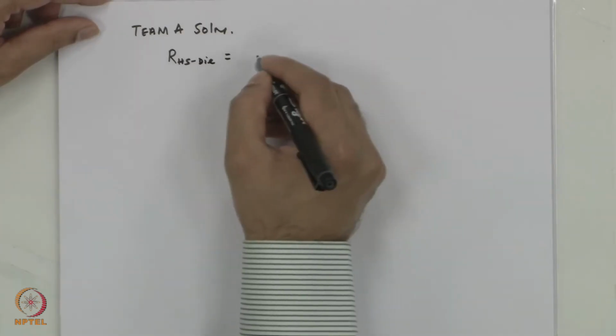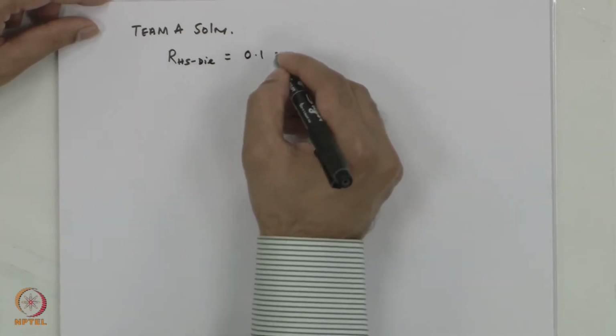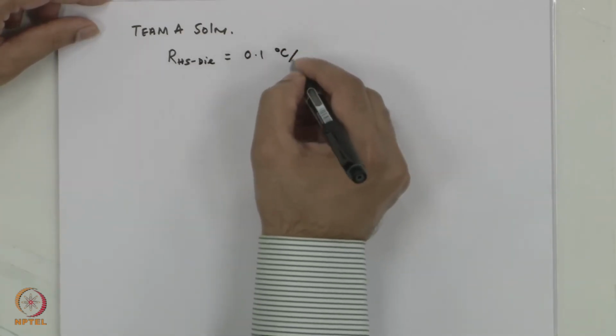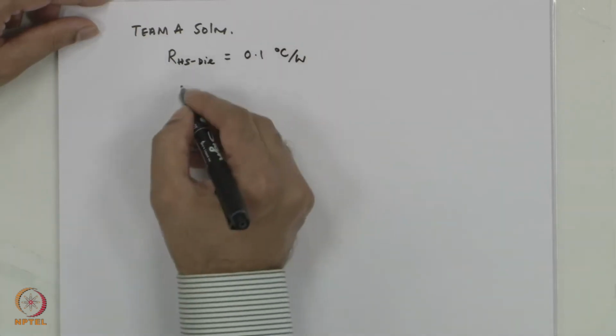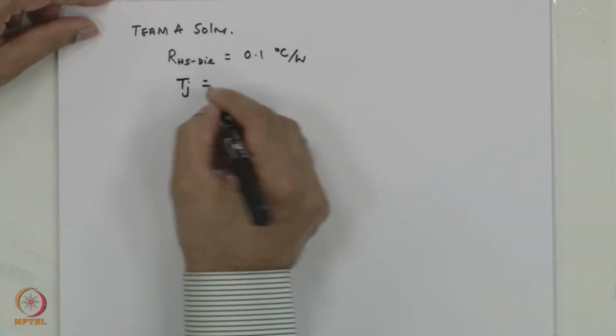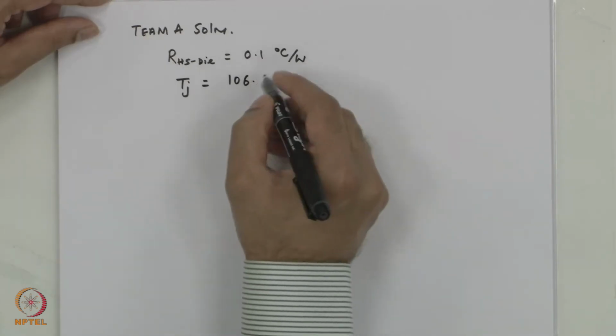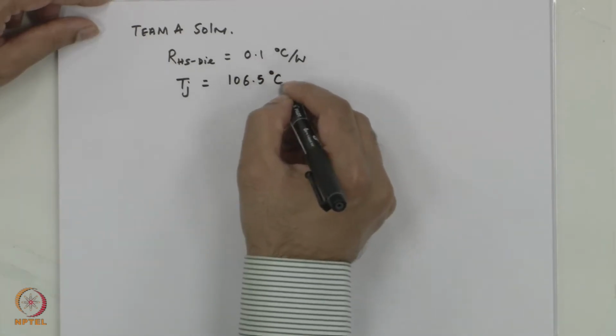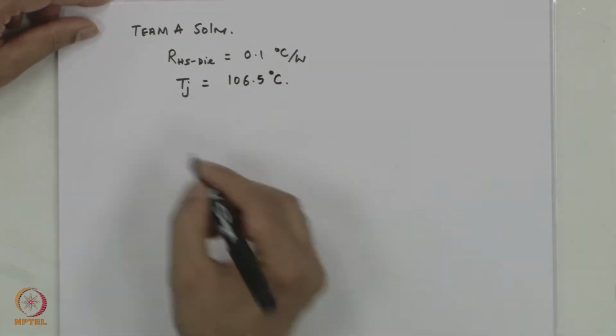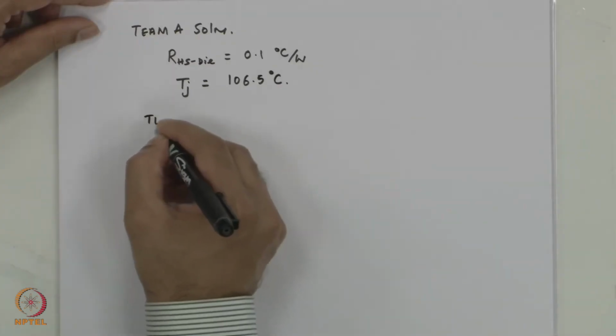With that, the resistance was calculated, and the T junction based on the inlet temperature was calculated to be this. Now we look at team B's solution.